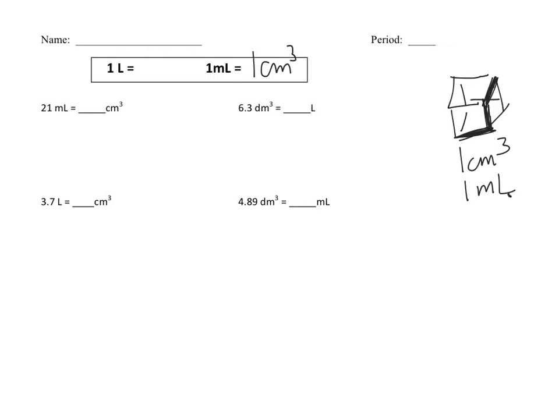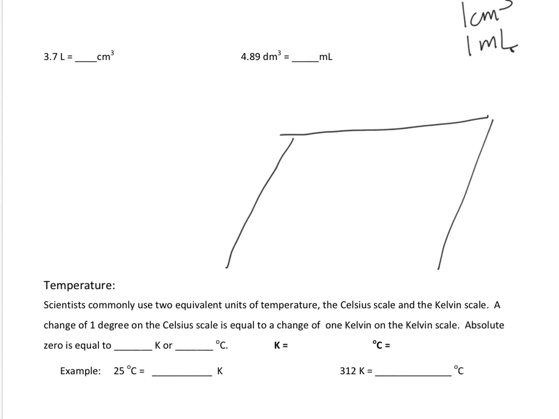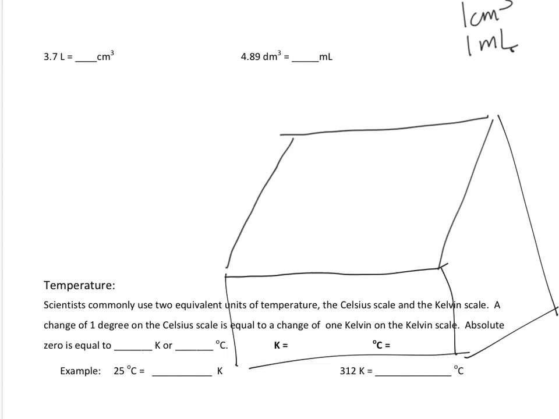Okay? Now think of a bigger cube, a decimeter cubed. A decimeter is 10 centimeters. I don't have a very big screen here, but let's say that's 10. It's a little bit smaller, but let's say that's 10 centimeters. Obviously that's not a cube even, but let's say this is 10 centimeters by 10 centimeters by 10 centimeters.